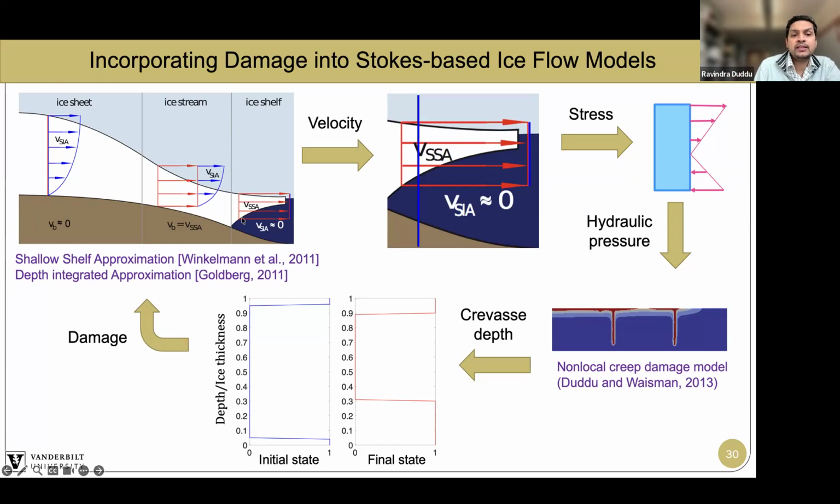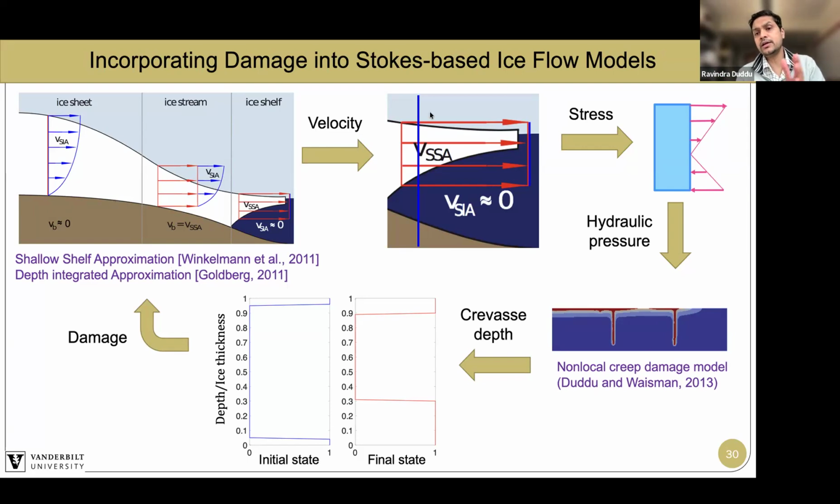In the ice shelf, the shallow shelf is much more valid, whereas deep inside the grounded portion you would use a shallow ice approximation. And using that, you can get velocity, right? You're solving two differential equations for V1 and V2, which are the in-plane velocities.